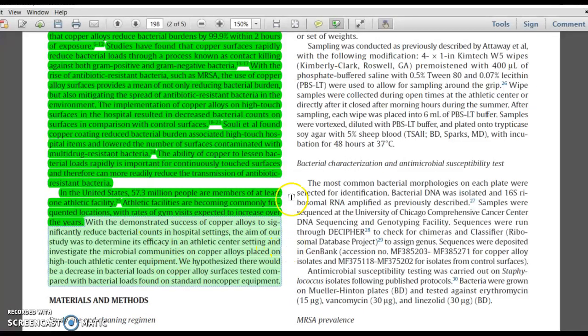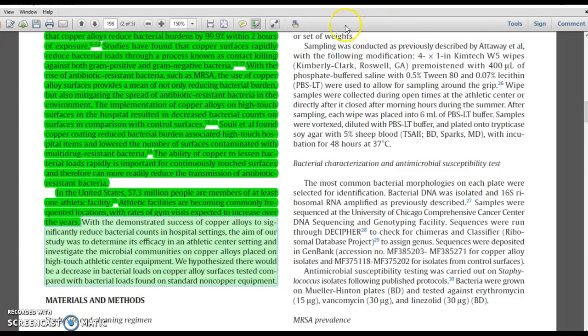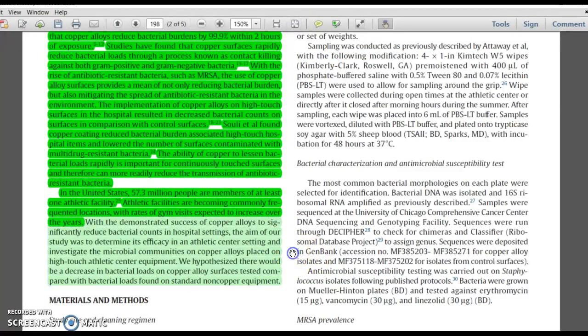This section right here tells you what they did. So the aim of their paper was to determine whether or not copper in gym equipment could reduce the amount of bacteria present compared to non-copper equipment. And then they even have what their hypothesis was. So they're hypothesizing that the copper equipment will have less bacteria than the non-copper equipment.